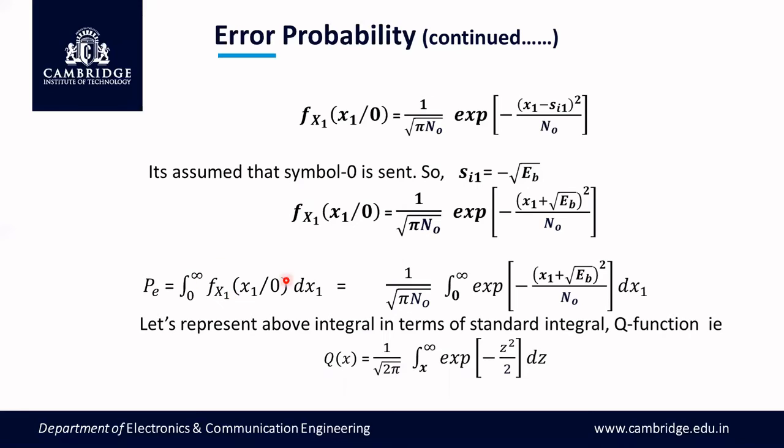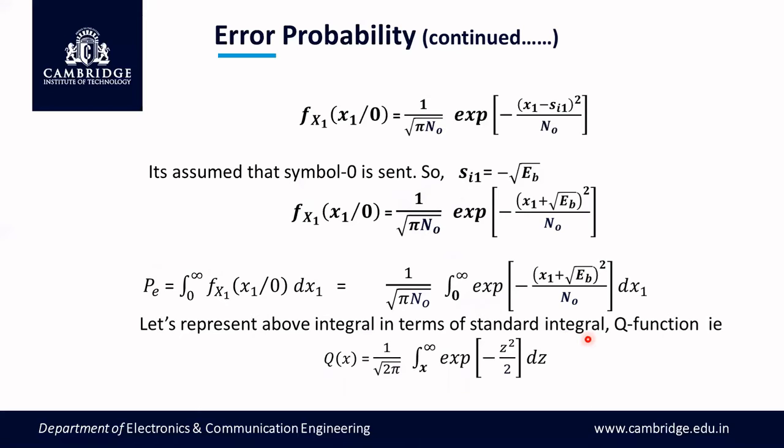This is integrated from 0 to infinity to get the probability of error. So this equation is brought over here. The first part is a constant kept outside the integration, and the exponential function has to be integrated now. To integrate this exponential function, I make use of the standard integrals available in the literature.